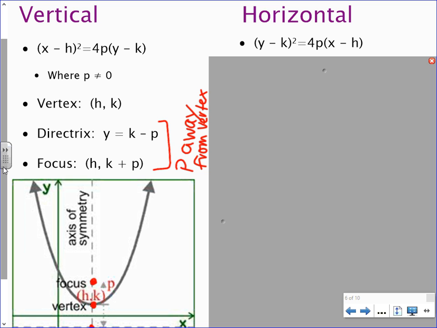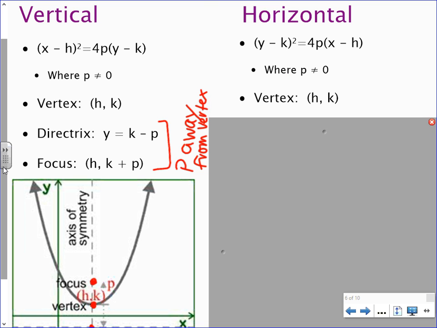But writing it like this will help us identify that p, and then h and k are really easy to identify. Now, our vertex is still (h, k). Whatever is with the x is the x coordinate of our vertex. Whatever is with the y is the y coordinate of our vertex.